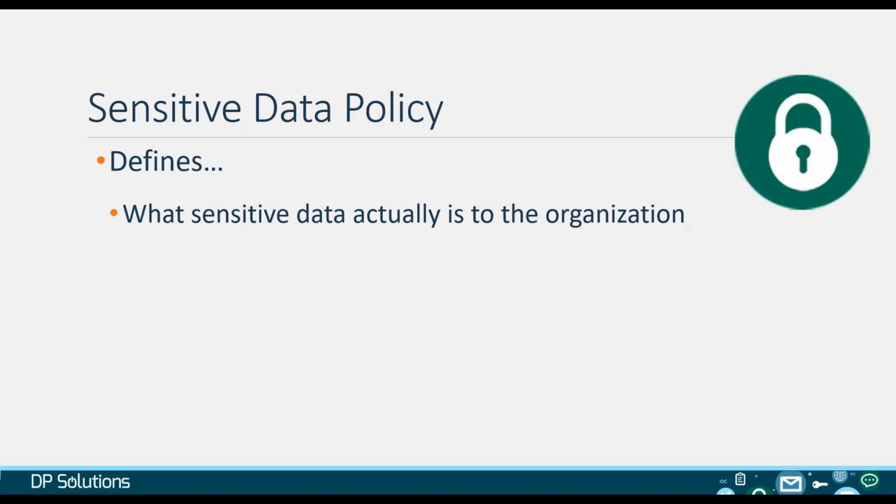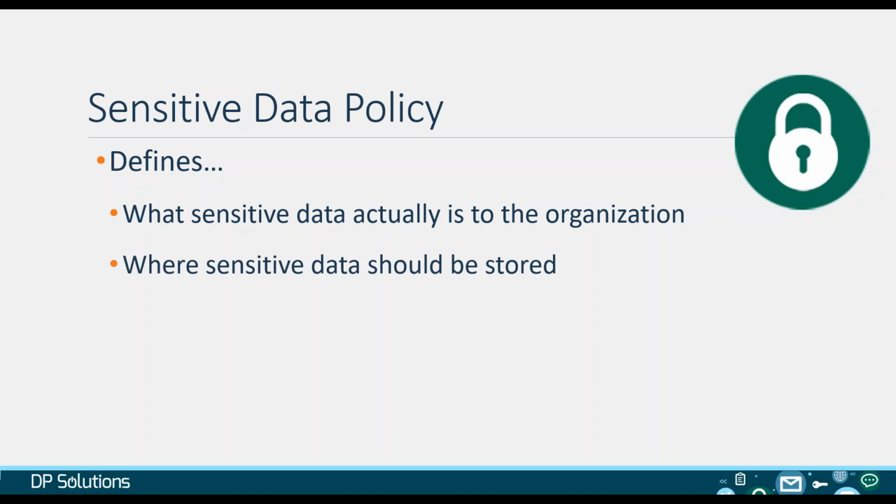It could be, again, that HR type information or trade secrets. This is just information that we don't share with others because it's too valuable of a commodity for us to allow someone to see it. It could be anything subject to privacy rules or privacy laws. It could be credit card information. Obviously, these things become pretty obvious once you start breaking it down.